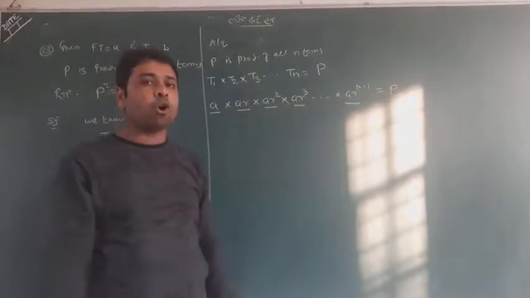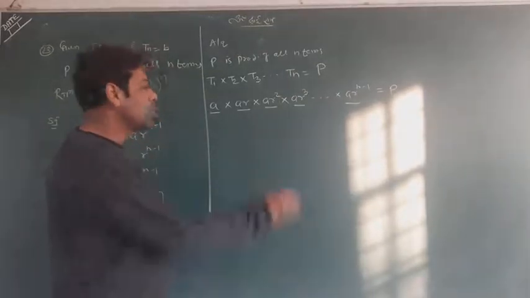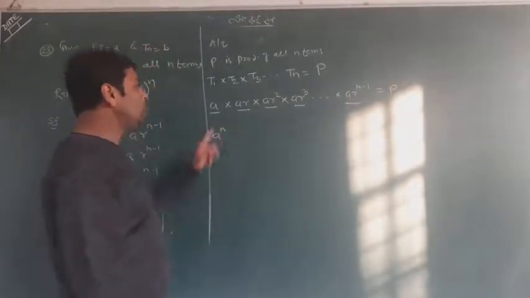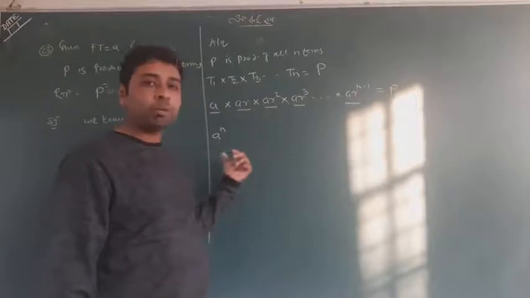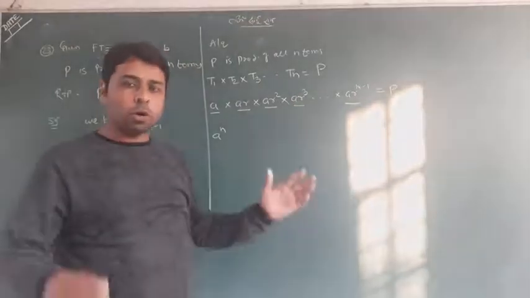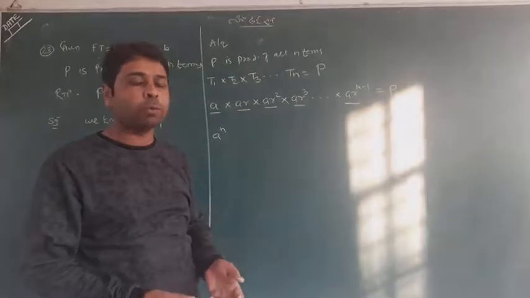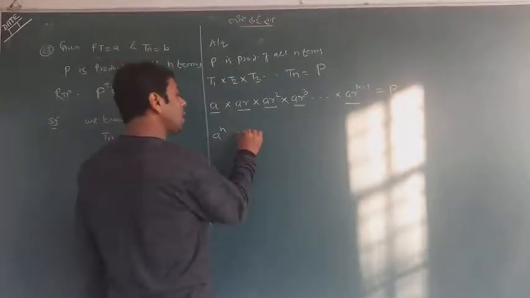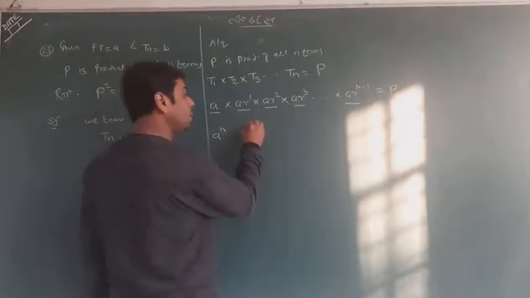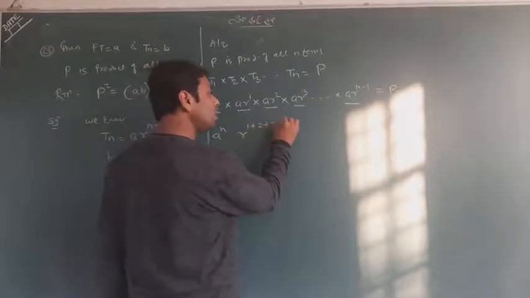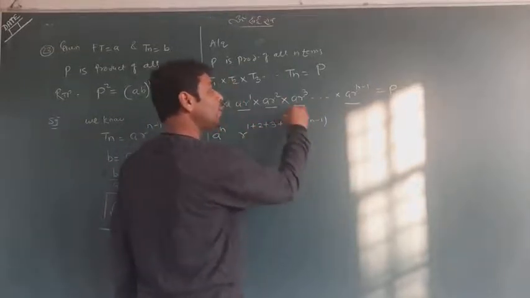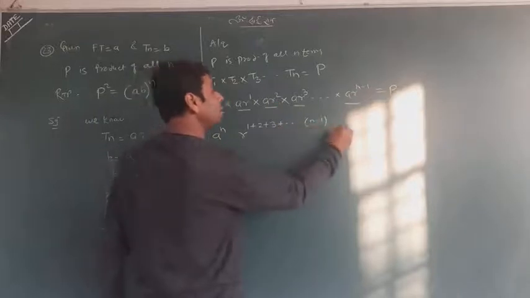If you collect all the A, n times, the powers will add. So a to the power 1, 1, 1, 1, all gives a to the power n. And about r, the powers will add: 1 plus 2 plus 3 till n minus 1, equal to P.